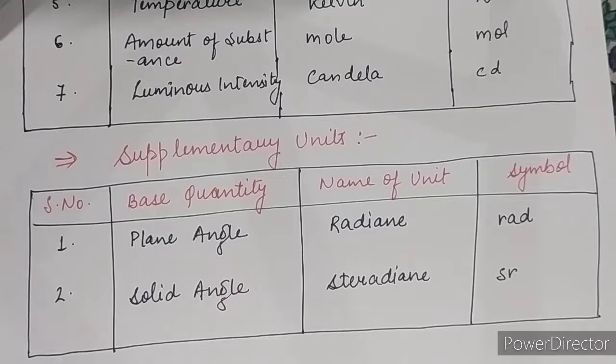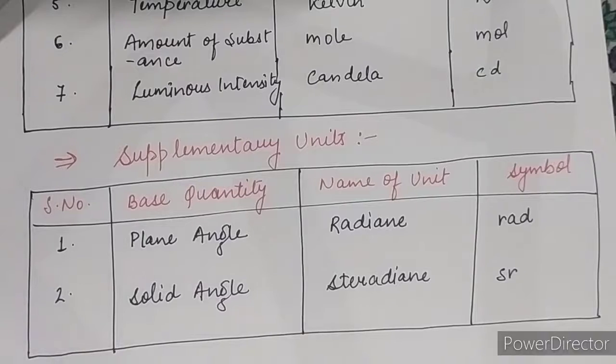Mass kilogram, length meter, time second, current ampere, temperature Kelvin, amount of substance mole, luminous intensity candela. And the 2 supplementary units are plane angle and solid angle. Plane angle is radian and solid angle is steradian.